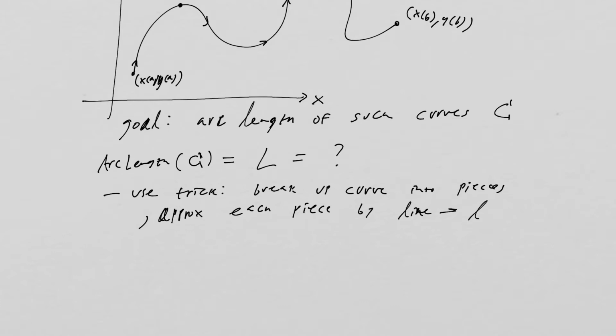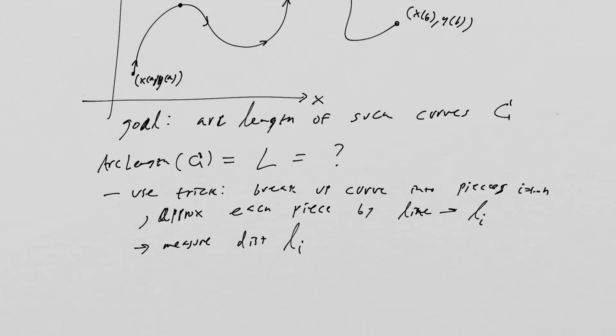Get the length. So we're going to, these pieces, and maybe we can think of these pieces as i equals 1 all the way to n. And then we're going to get these pieces of this line, and we're going to call these pieces Li. And of course, we're going to measure the distance. Actually, let's not call it Di, just because so many other things use the letter D. We're just going to call this distance Li.